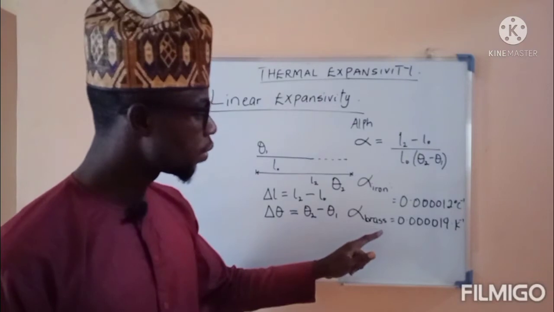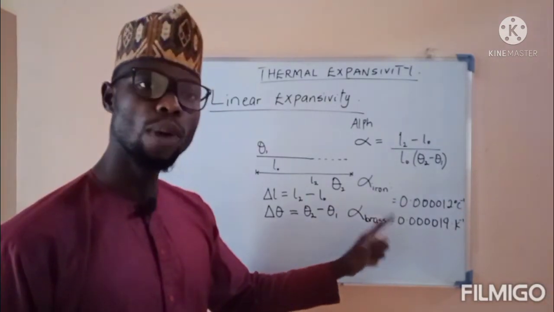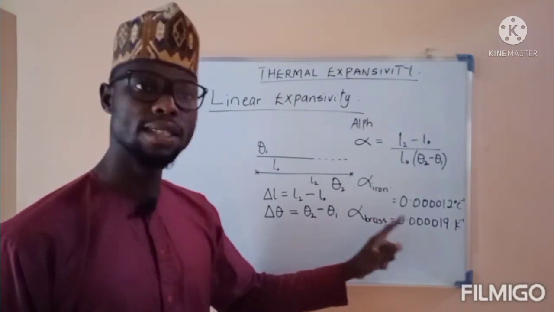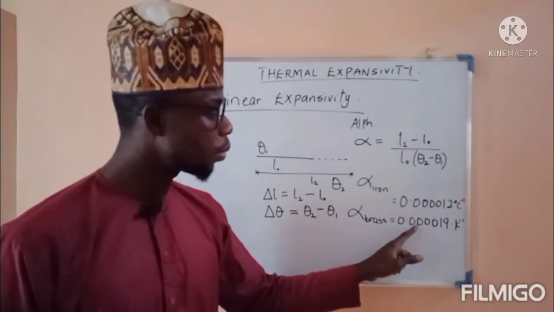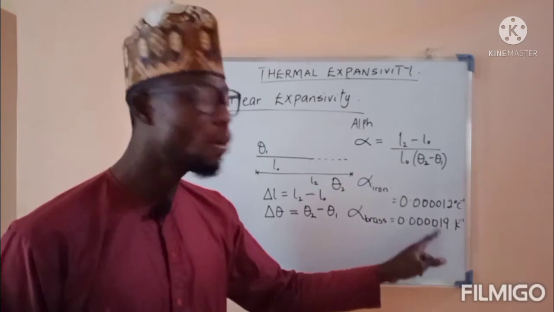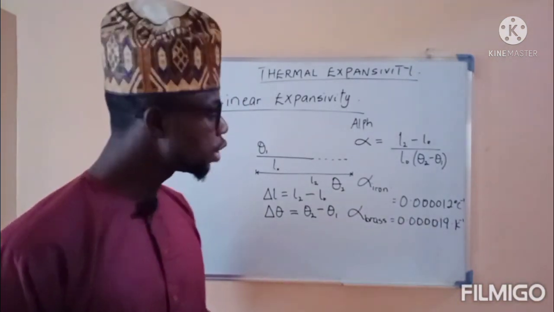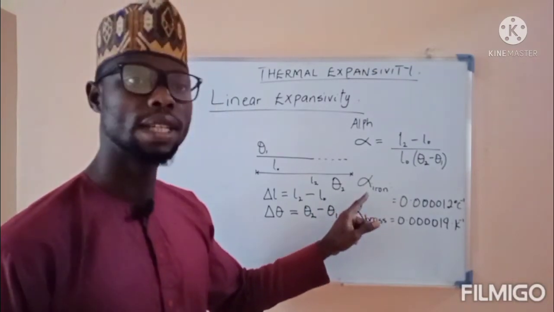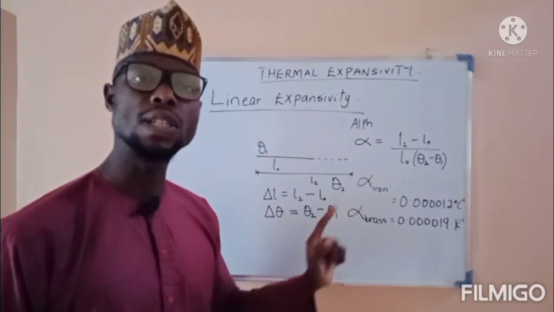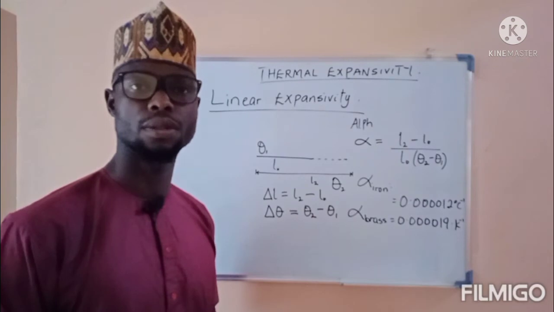While this brass, when heated through 1 Kelvin or 1 degree Celsius, it will expand as much as 0.000019, which shows that brass expands more than iron when subjected to the same temperature.